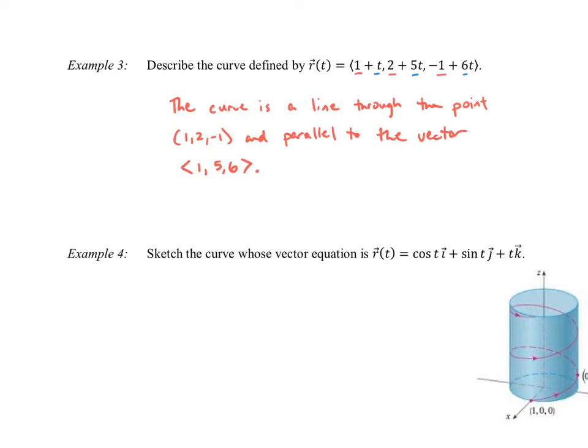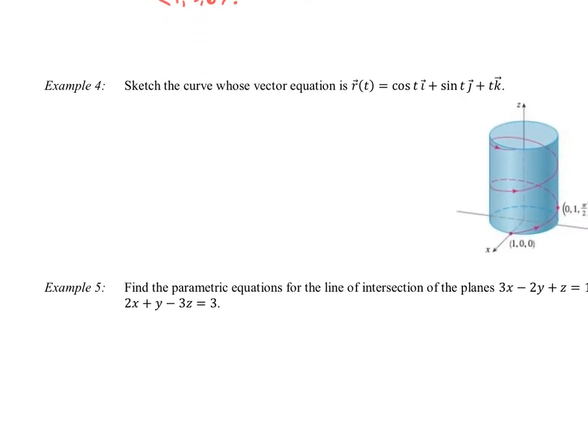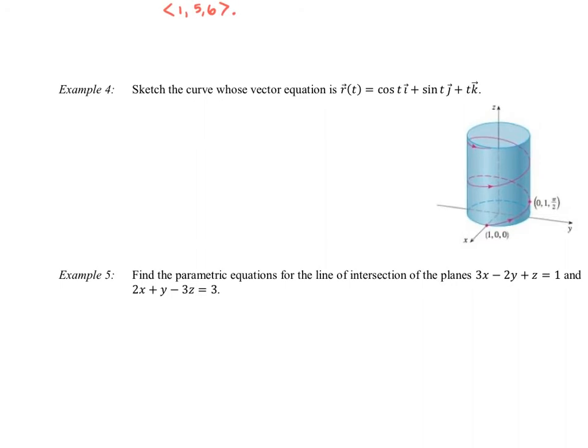All right, for example 4, we're not going to sketch because it's done for us, but I will help you develop the idea of the sketch of the curve whose vector function r of t is defined as cosine t, sine t, and t. So let's think back to last year mostly. If z, which is equal to t, because remember I'm looking in the vector function at that third component, was equal to t and it was 0, we are now in the xy plane.